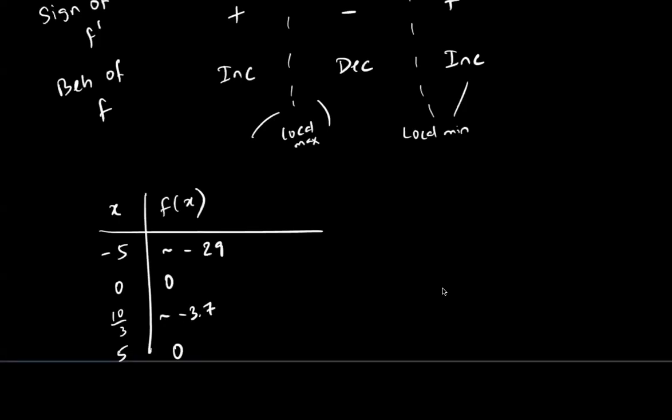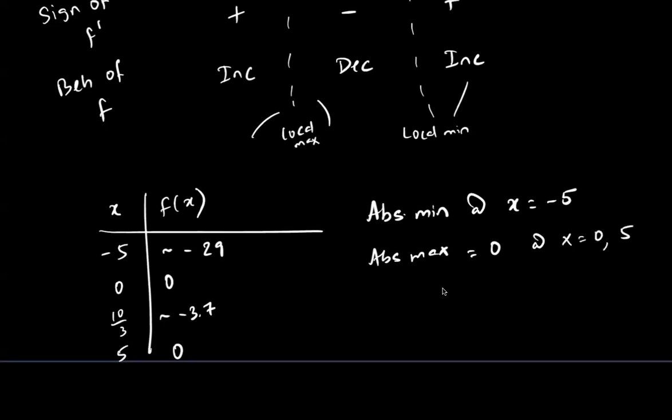So that tells me that my absolute minimum is going to be at x equals -5, and my absolute maximum is going to be 0 at x equals 0 and 5.